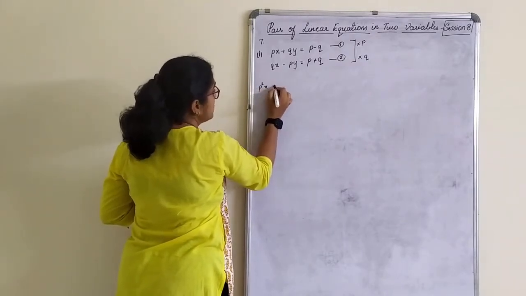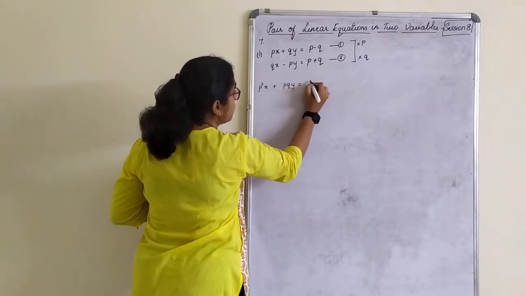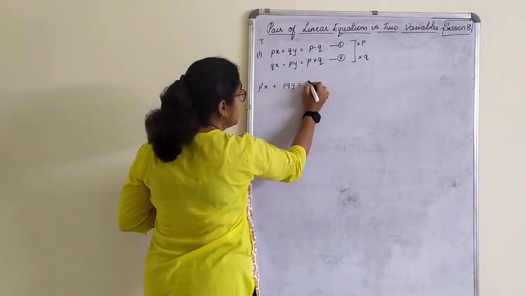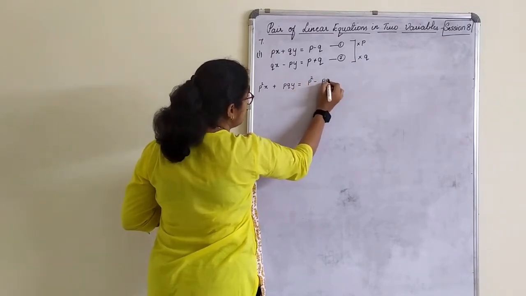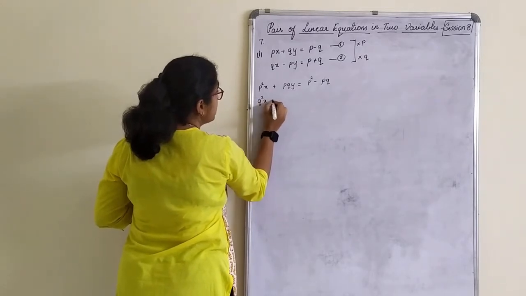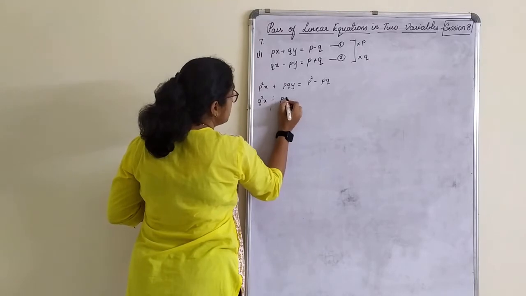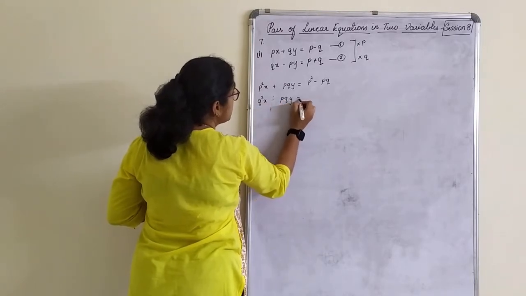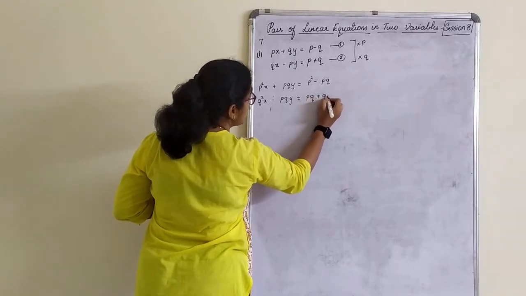p square x plus pqy is equal to, shall I multiply and write, p square minus pq, okay, this one. q square x minus pqy is equal to pq plus q square.